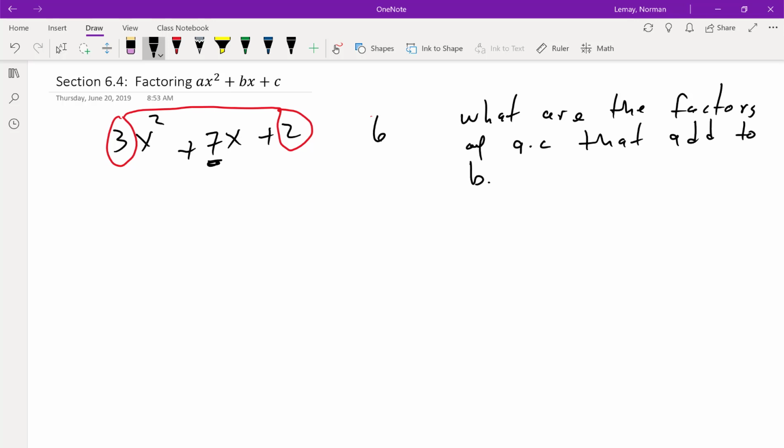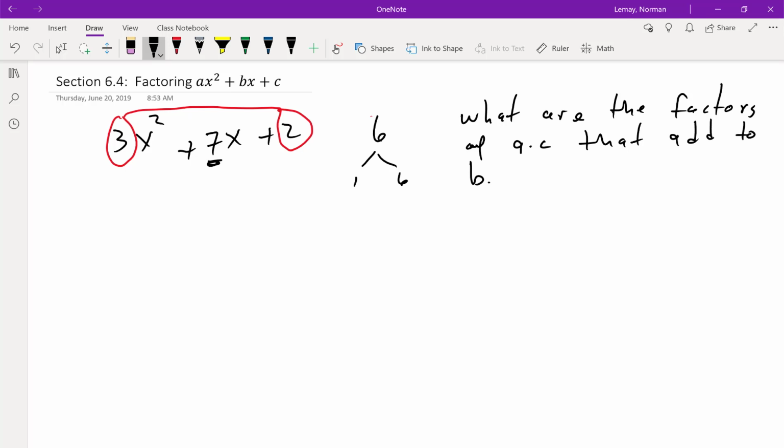All right, so if we take a look at factors of 6, I'm going to follow a method that goes like this. Well, 6 is 1 times 6. We can take a look at these two factors and note that 1 times 6 does equal 6. And now we ask the question, what about 1 plus 6? Notice that 1 plus 6, does that add to the 7? And we can easily see that right off the bat it does.